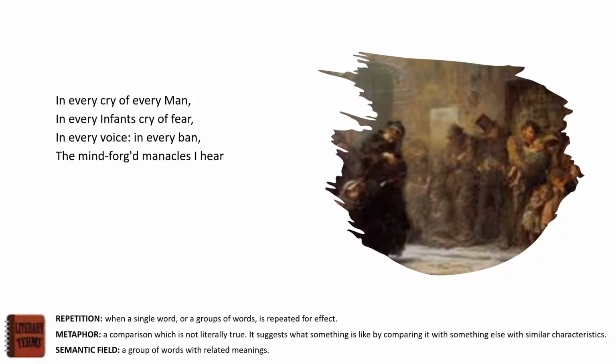So we've got some really important imagery here. Now, first of all, I want to just point out a semantic field. So that means a group of words that are being used throughout the poem that have got quite a similar idea behind them. So we've got this word ban, which actually means restrictions that have been announced, but we've also got the word manacles, which means chains, so shackles to hold someone, to imprison somebody.